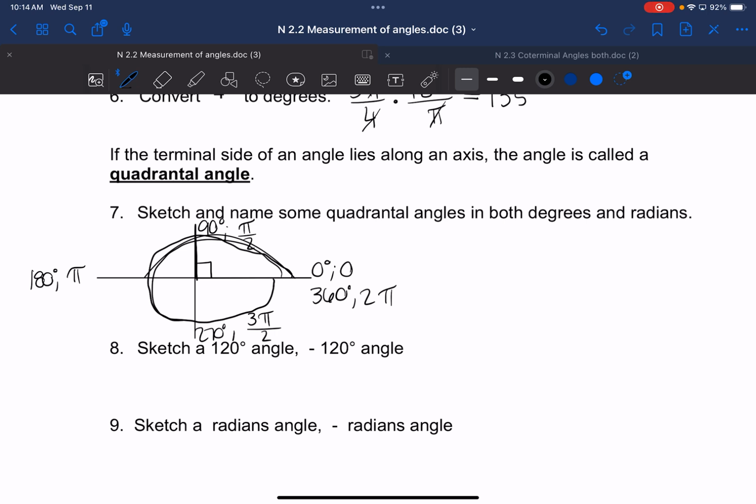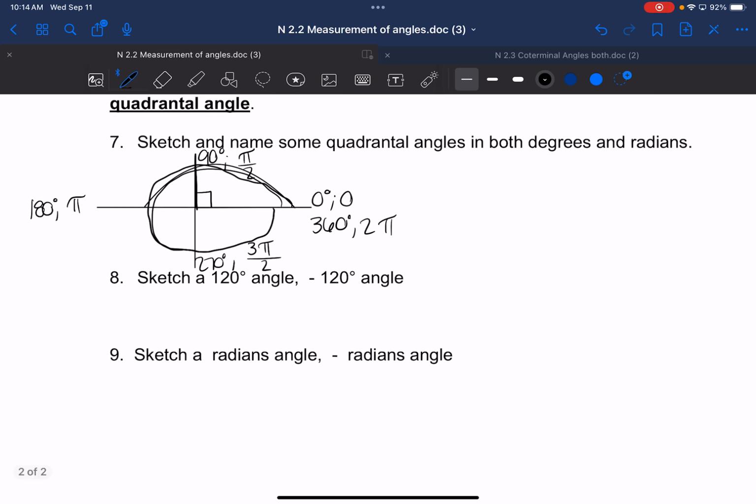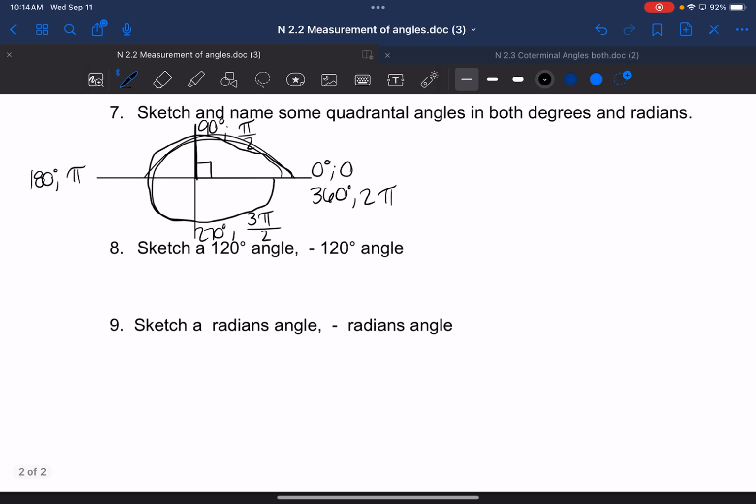All right? Okay, it then says on number 8 to sketch an angle that's 120 degrees and one that's negative 120 degrees. So we'll sketch the positive one first. So draw yourself a little coordinate plane here. All right, remember we said on the front page, if we go which direction it's positive?